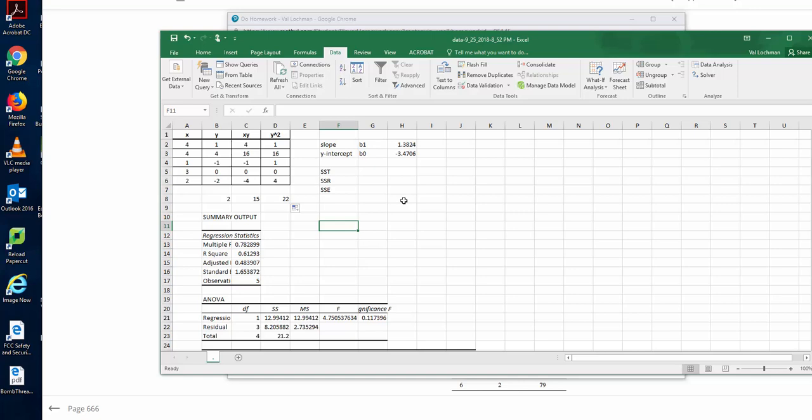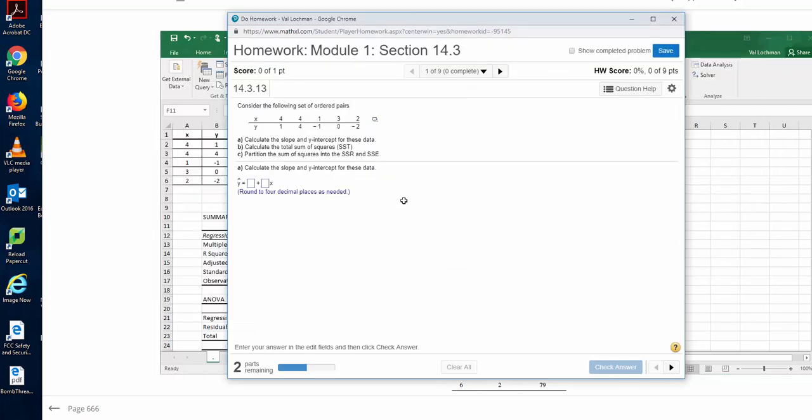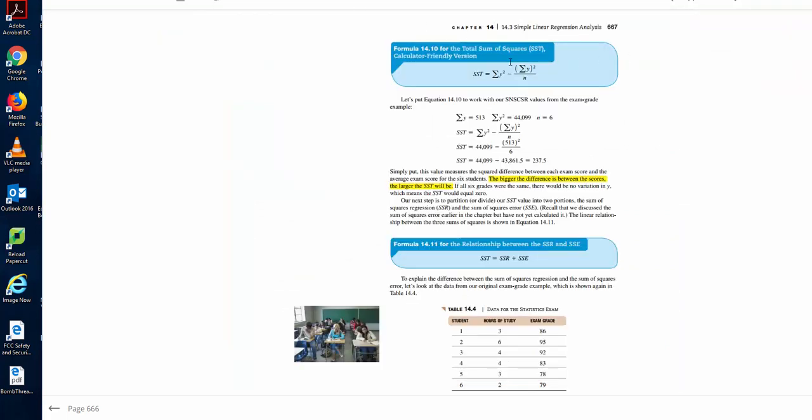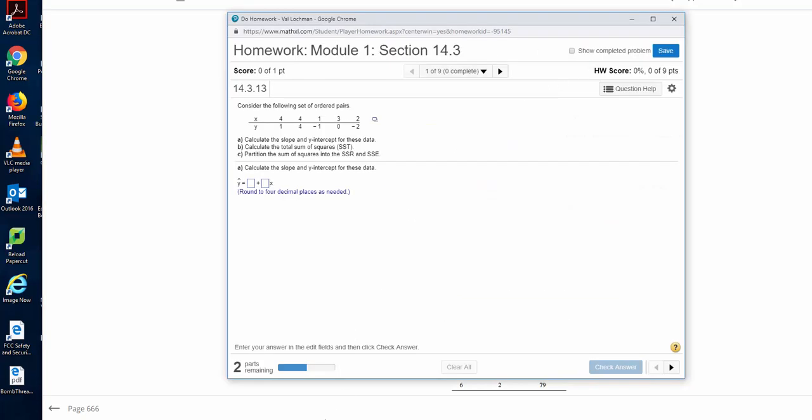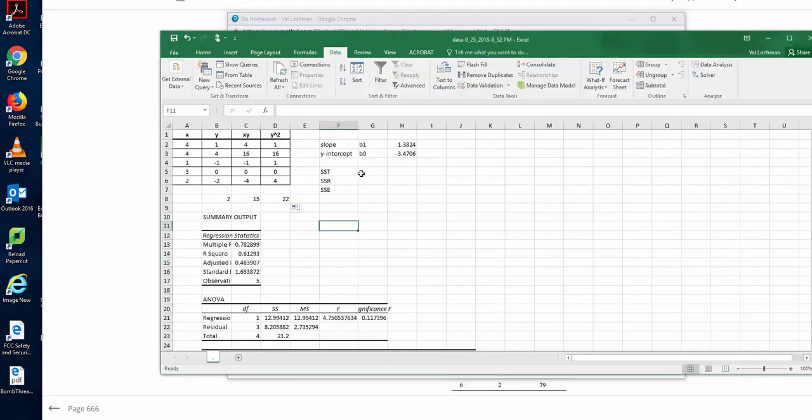Okay, let's take a look at the first quantity asked. So calculate the total sum of squares, and I have the Pearson text open, and it says that the total sum of squares is the summation of y squared minus the summation of y quantity squared divided by the sample size, right? Okay, so I'm going to go back to my Excel file and say this is equal to what?